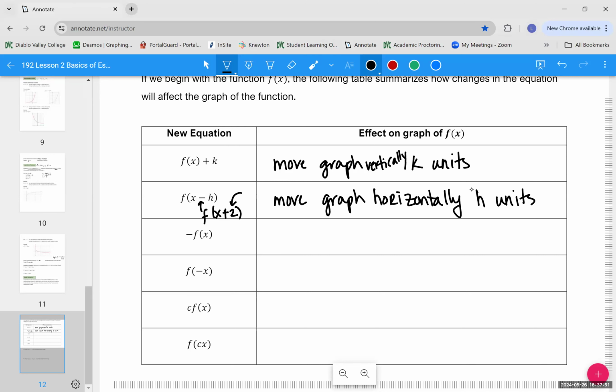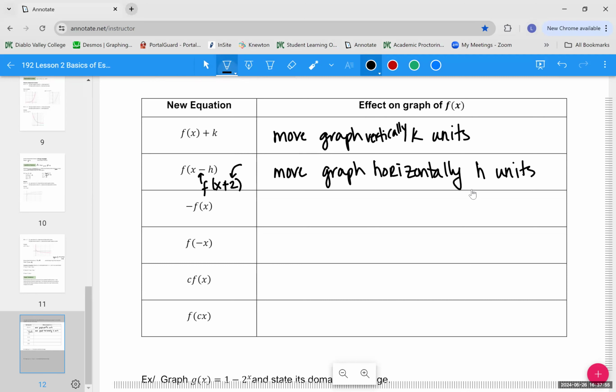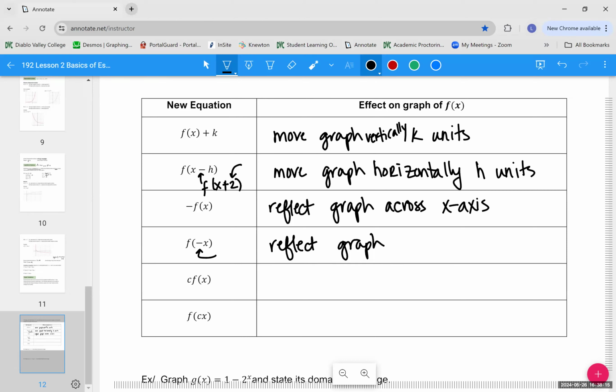I just follow it. Okay, so what happens if we multiply the whole entire equation by a negative? It's going to reflect. And that'll go across the x-axis, whereas putting the negative in front of the x is going to reflect across the y-axis.